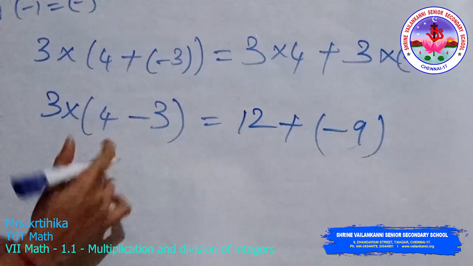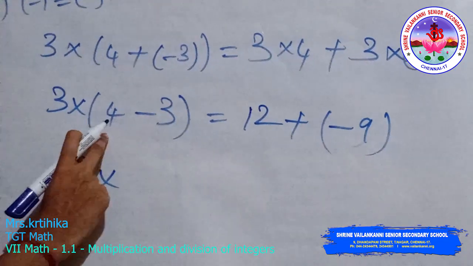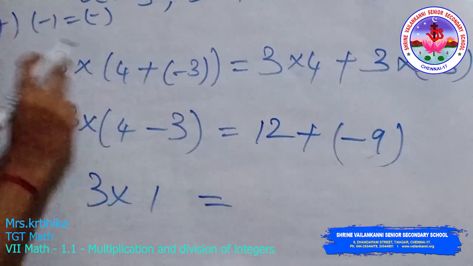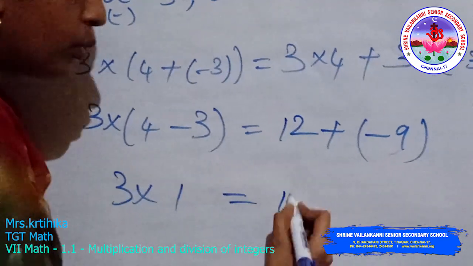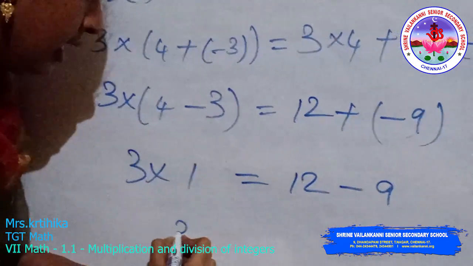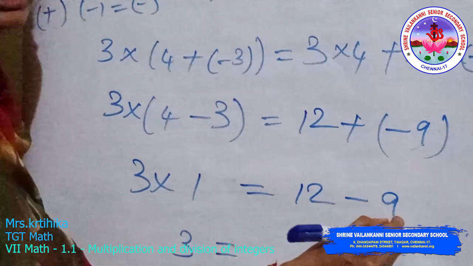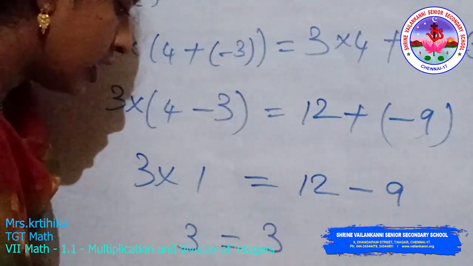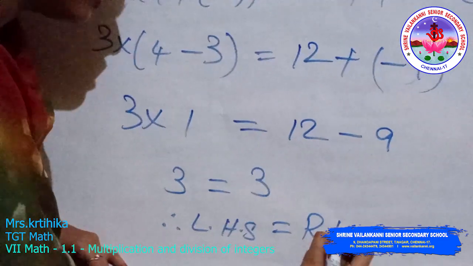First remove the brackets: 3 into (4 minus 3) is 1, is equal to, here also using the same method, 12 minus 9. 1 into 3 is 3, and 12 minus 9 is 3. Therefore, LHS is equal to RHS.